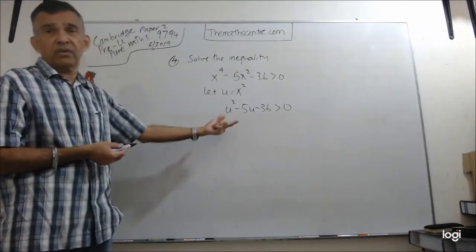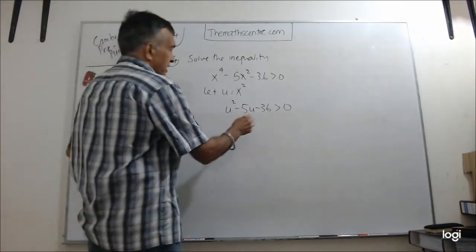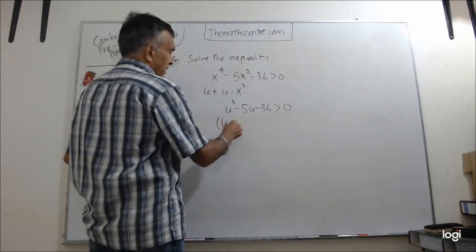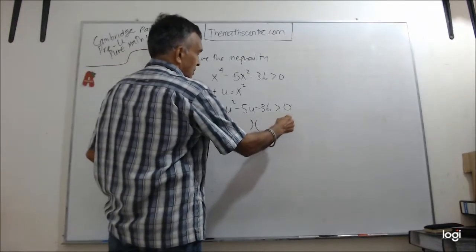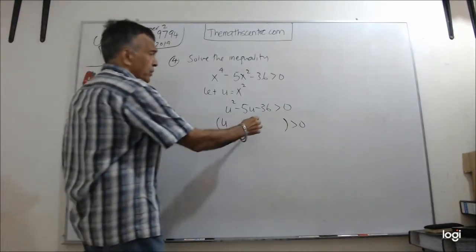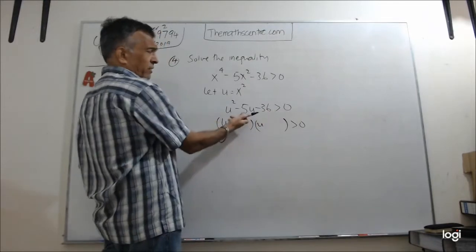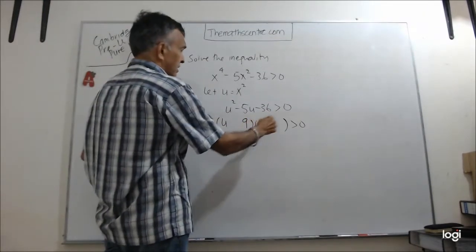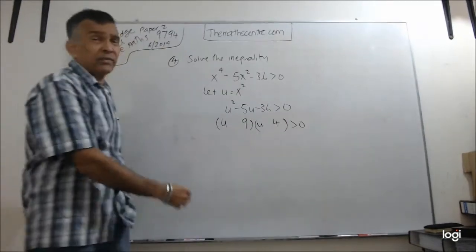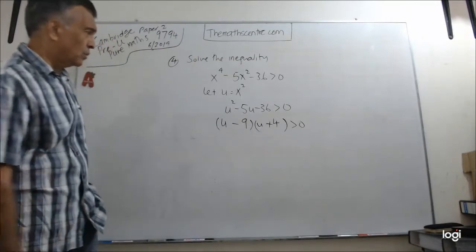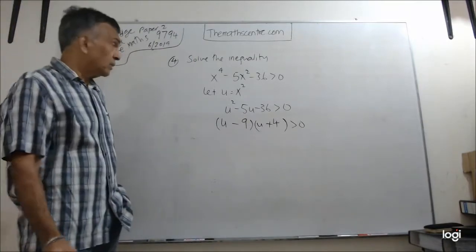Let's go ahead and factorize this. I've got u and u, I have a 36 and I have a 5, so I need to connect a 4 and a 9. Minus 9u plus 4u looks good.